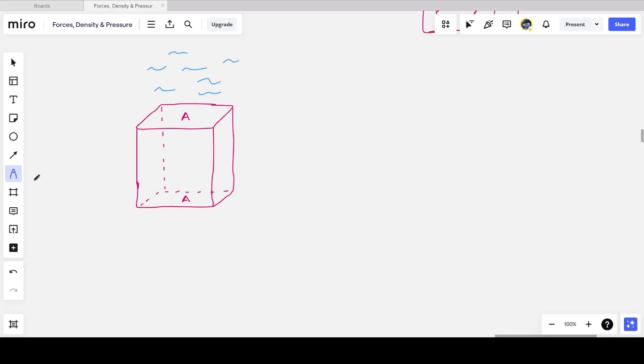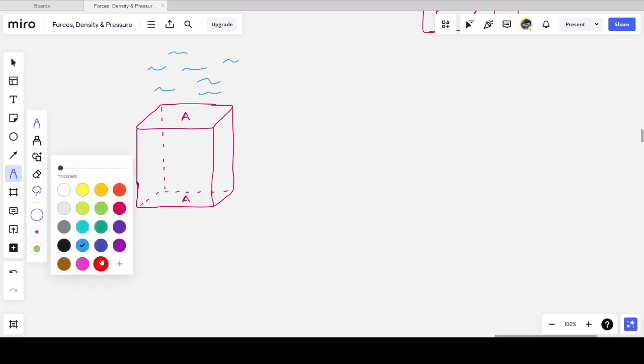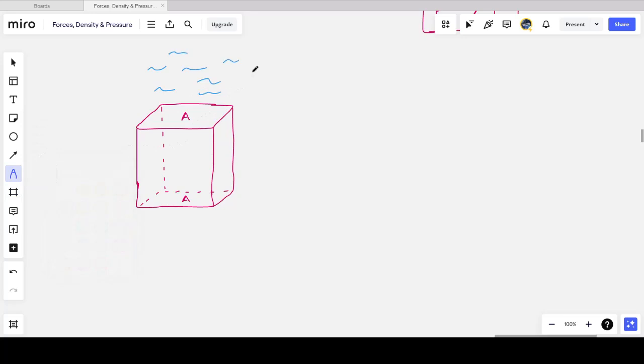Okay, so now I have two surfaces, both with the same surface area, but at different depths. So the top surface is at a depth h1, and the bottom surface is at a depth h2. And now we have two faces that are perpendicular to these distances h1 and h2.